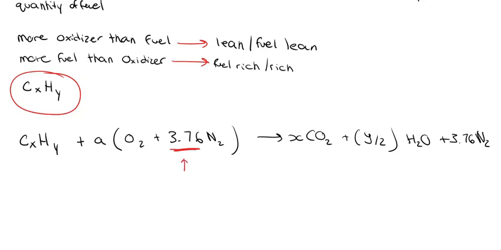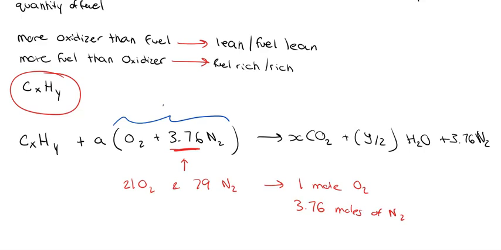This is to simplify the composition of air. So we assume that we have 21% O2 in air, and 79% N2 in air. Essentially, this corresponds to 1 mole of O2 for every 3.76 moles of N2. So that's why you'll always see this when we're talking about air, assuming that we are combusting with air.